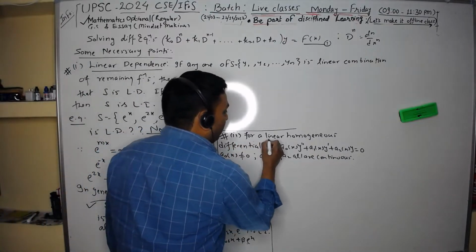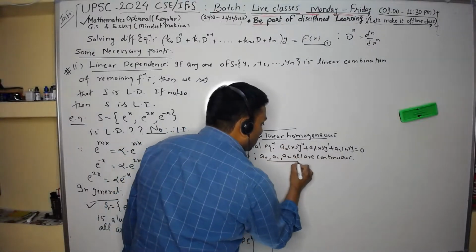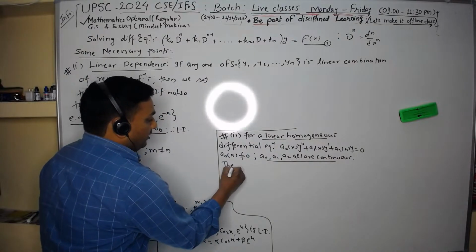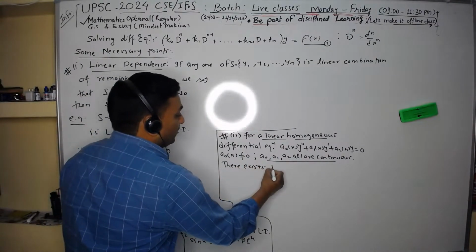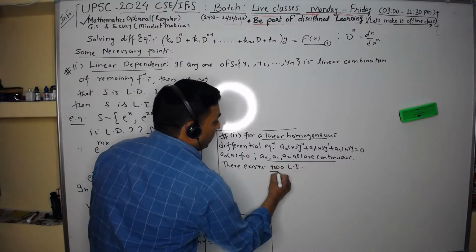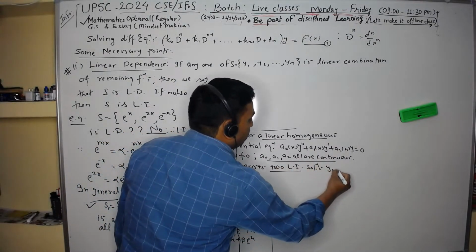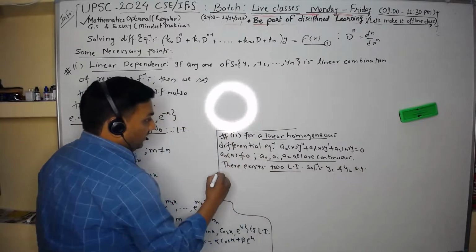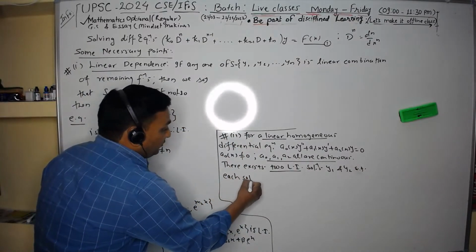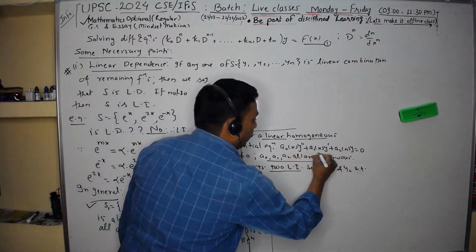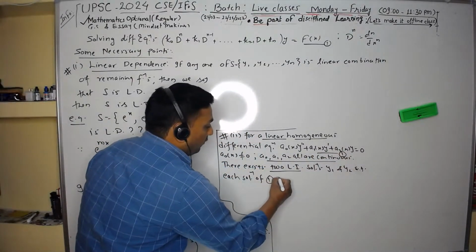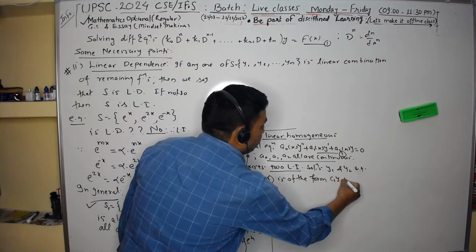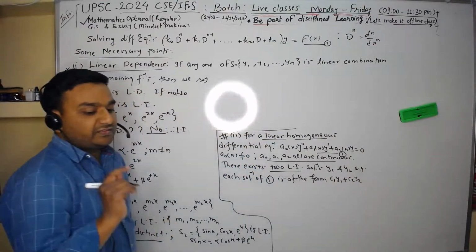For a linear homogeneous differential equation whose coefficients are continuous, there exist two linearly independent solutions y1 and y2 such that each solution of equation 1 is of the form C1 y1 plus C2 y2.